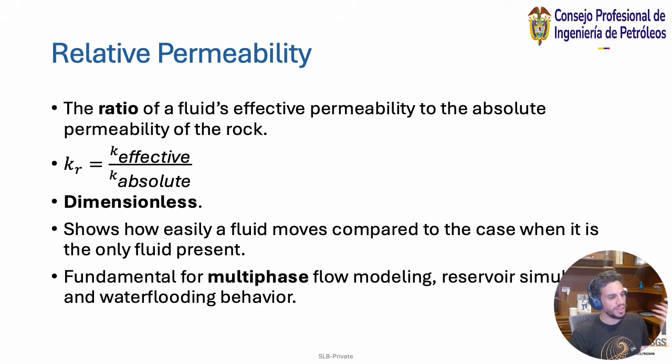If I have this dimensionless permeability, I can relate it to saturation percentage, because now it becomes a ratio, and the saturation within a given pore space is also a fraction, right? So this is fundamental for multi-phase flow modeling, reservoir simulation, and other things like water flooding behavior. But basically, it's about understanding how the three main fluids we work with, oil, water, and gas, behave with respect to the rock.